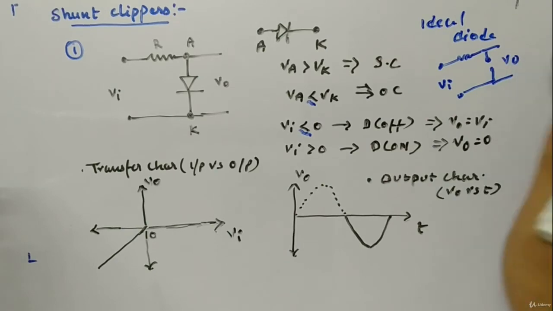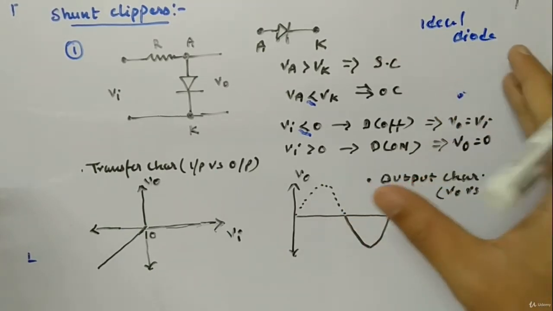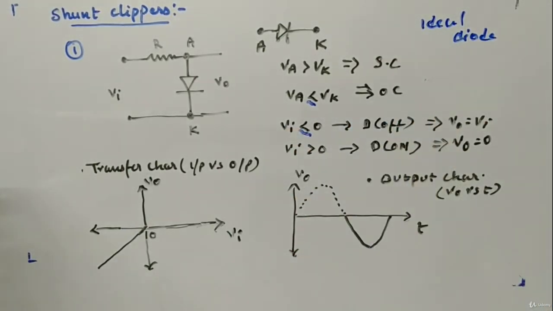This is the case when Vi is less than or equal to 0.